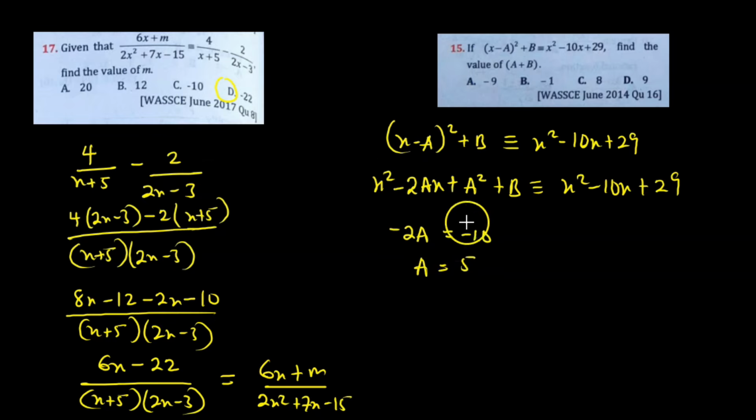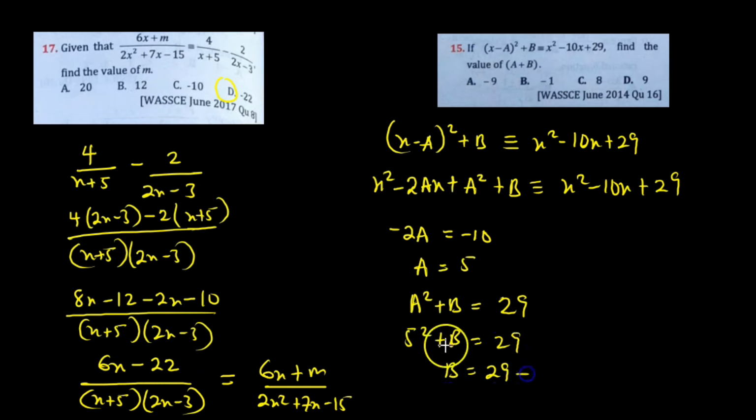A is 5. Then comparing the constants, we have a squared plus b should be equal to 29. We know the value of a is 5, so we substitute. We have 5 squared plus b equal to 29, and therefore b will be equal to 29 minus 25, which is 4.